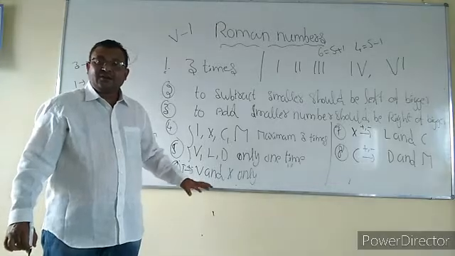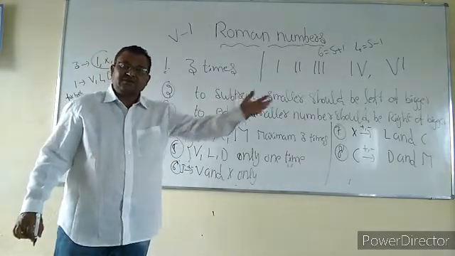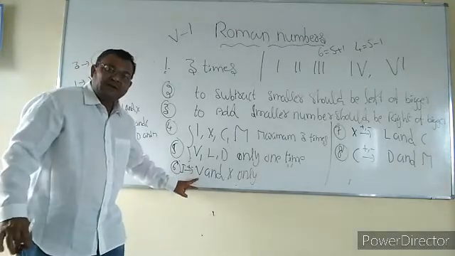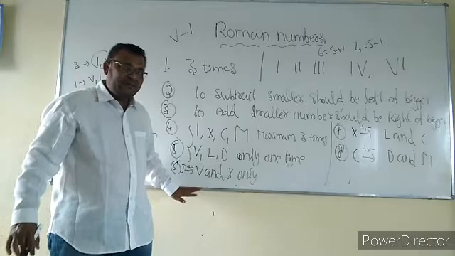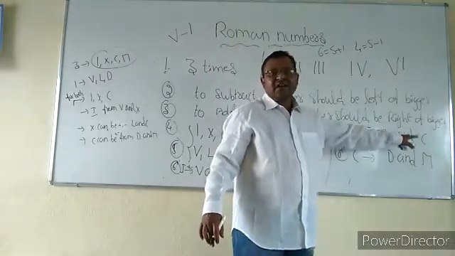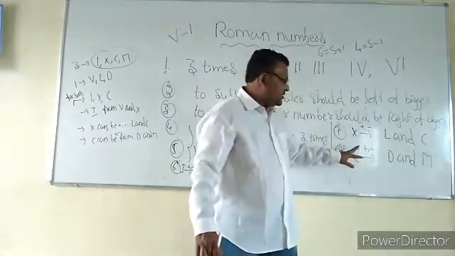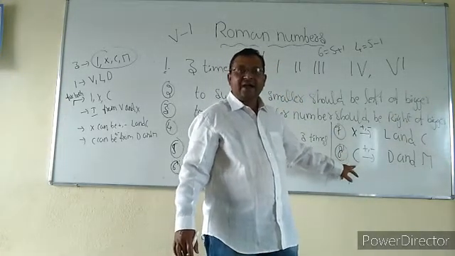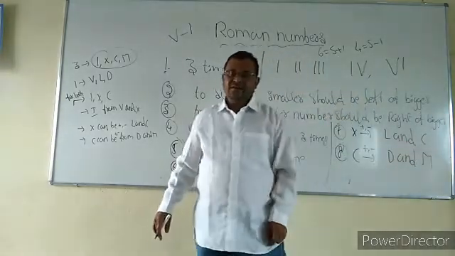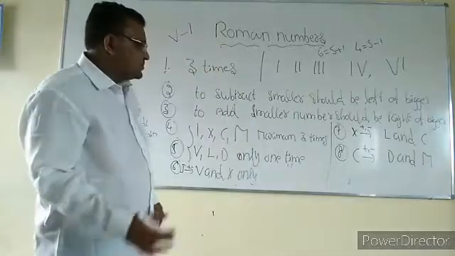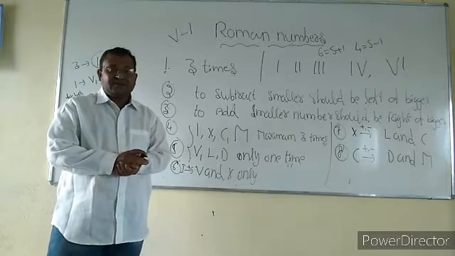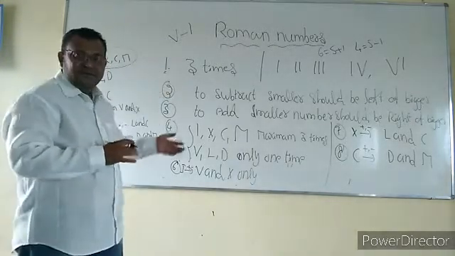Same like that, 10 we can add or subtract only to 50 and 100. 100 we can add or subtract only to 500 and 1000. So these rules and symbols we have to remember first of all.